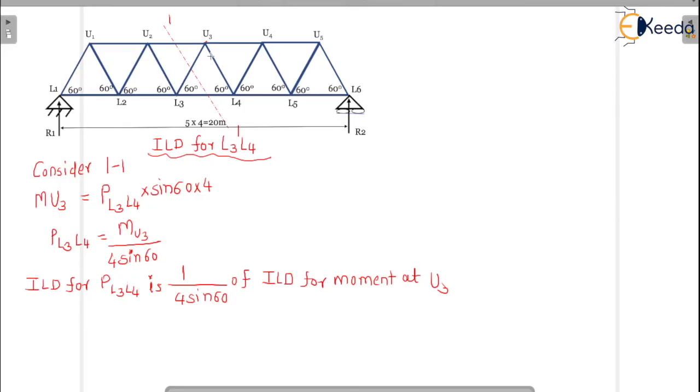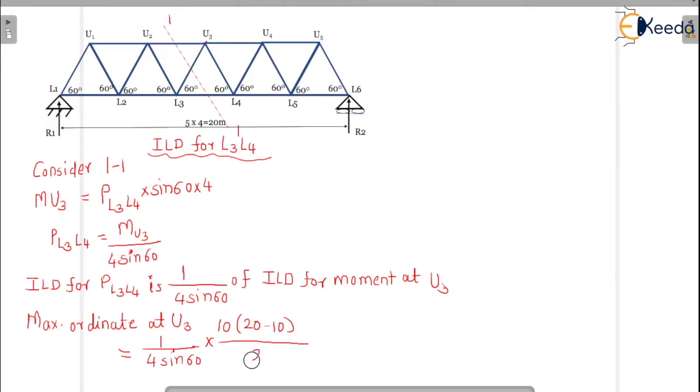So what is the maximum ordinate at U3? Maximum ordinate at U3 will be 1 by 4 sine 60 into 10 into (20 minus 10) divided by 20, that is 5 by 4 sine 60.